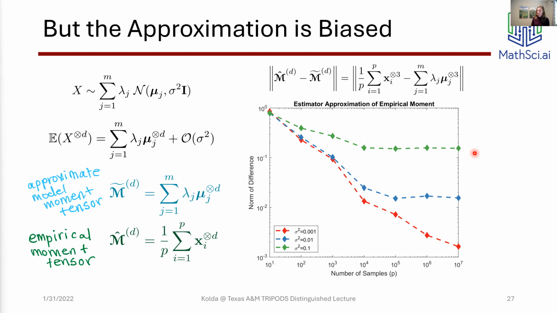Any questions on that part? Tammy, a quick question. Sure. I see you use the spherical variance for X. So you have this X follows the mixture model, mixture Gaussian.